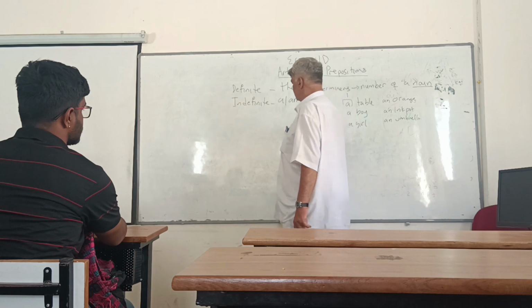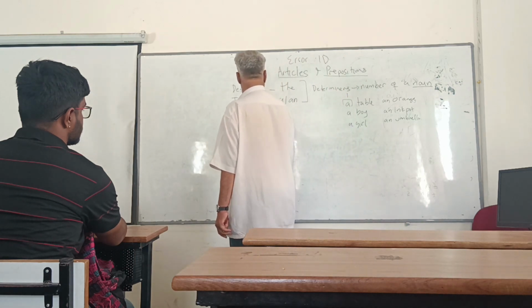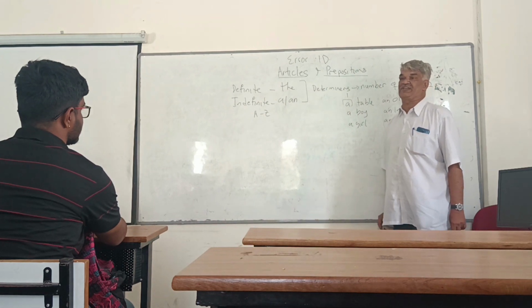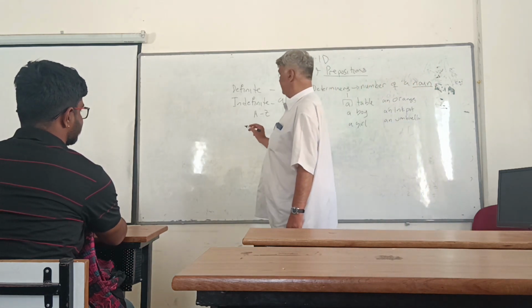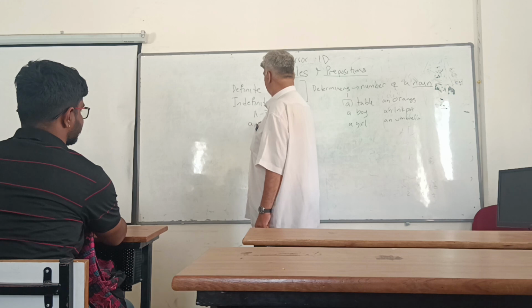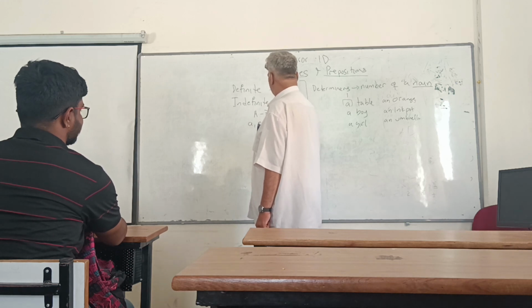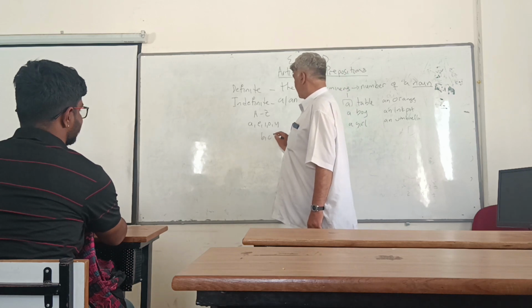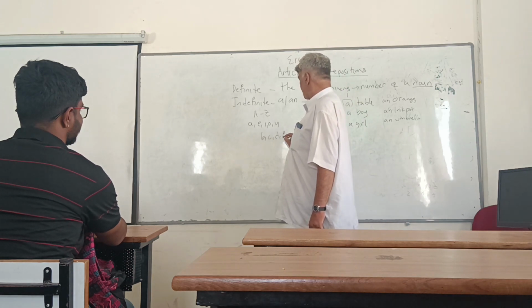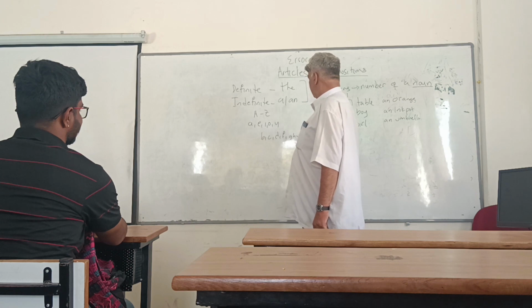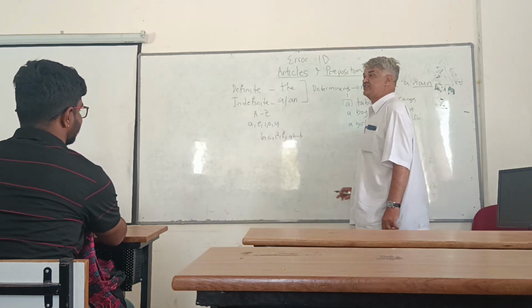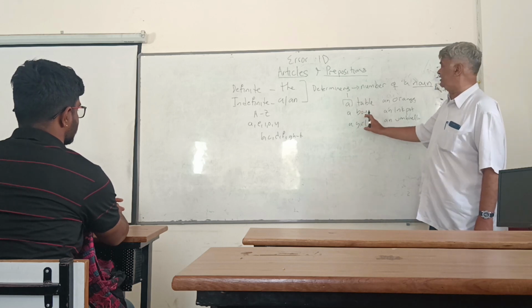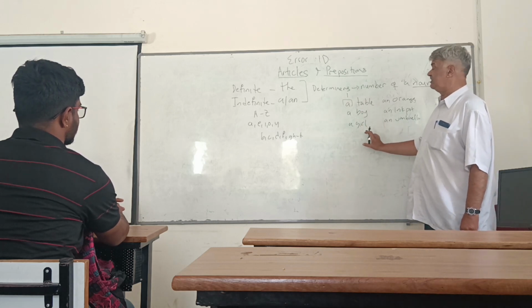We have the 26 letters of the alphabet from A to Z, and these 26 are divided into vowels and consonants. Now here you notice table, boy, girl.